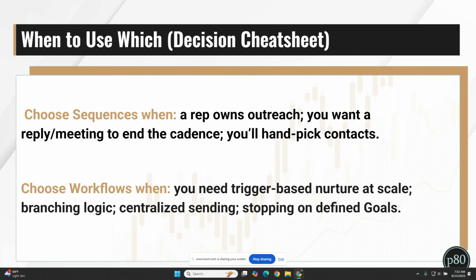You can centralize sending and then stop on defined goals. So as soon as the contact reaches the objective, you can have that workflow end. And for contacts who haven't reached the objective that you're setting, you can have them continue. A great example of this is when someone would be sending out a shake campaign.